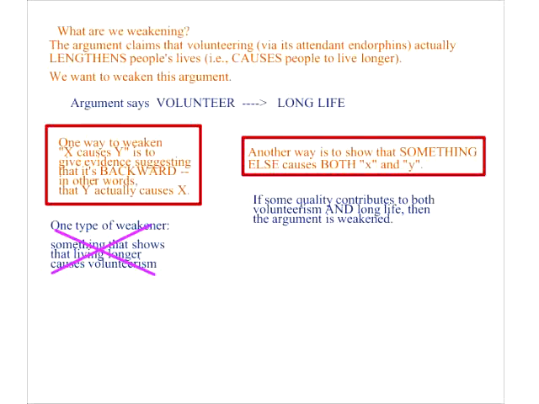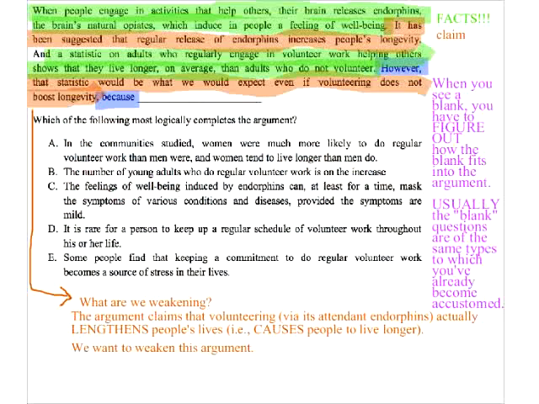So this is the only reasonable way that we can do this, because the thing on the left is not reasonable. So what we need is something that contributes to both volunteerism and long life, and that's what A does. Being female. Choice A says that if someone is a woman, they are likely to volunteer more, and if someone is a woman, they are likely to live longer.